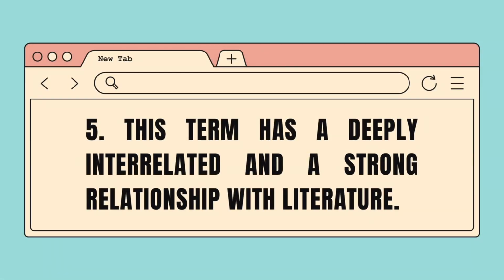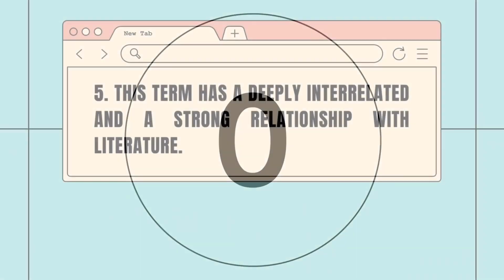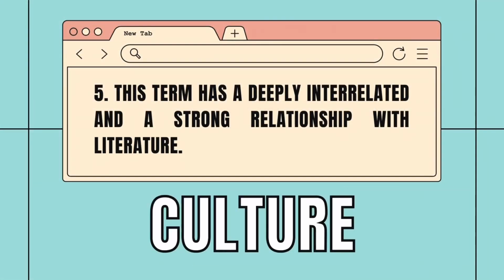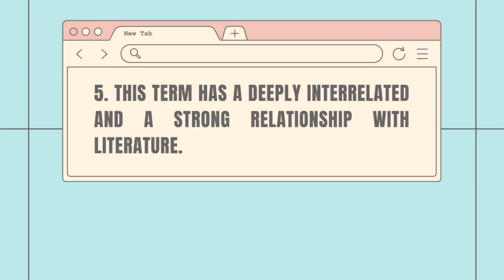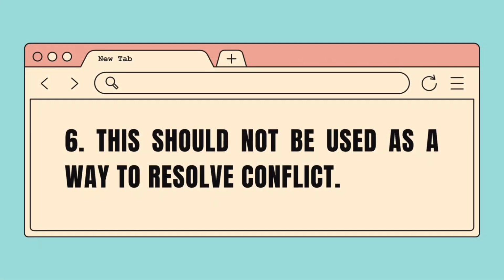For number 5, this term has a deeply interrelated and a strong relationship with literature. You are correct! The answer is culture. Number 6. This should not be used as a way to resolve conflict.